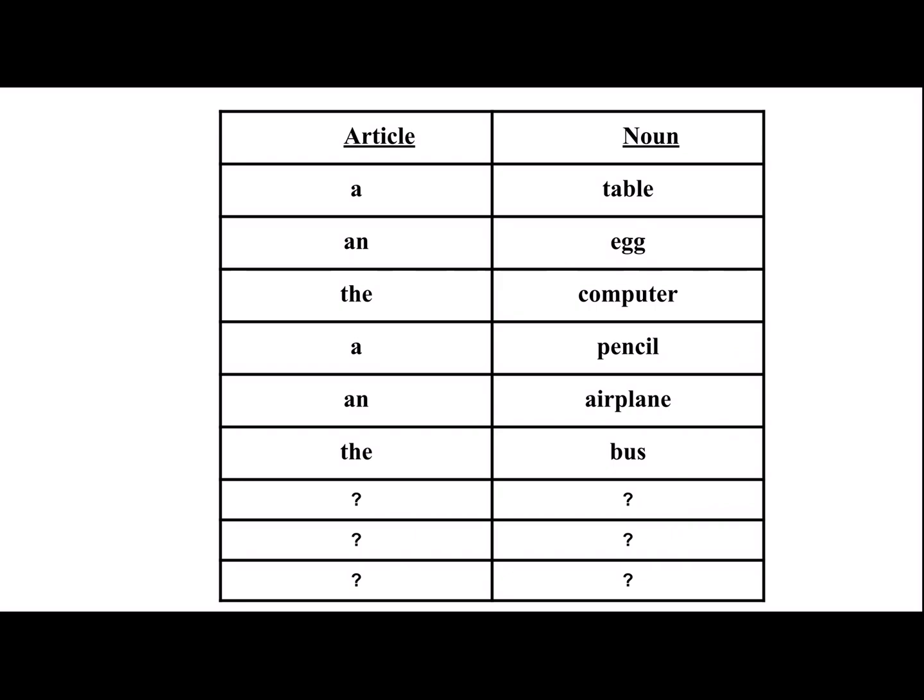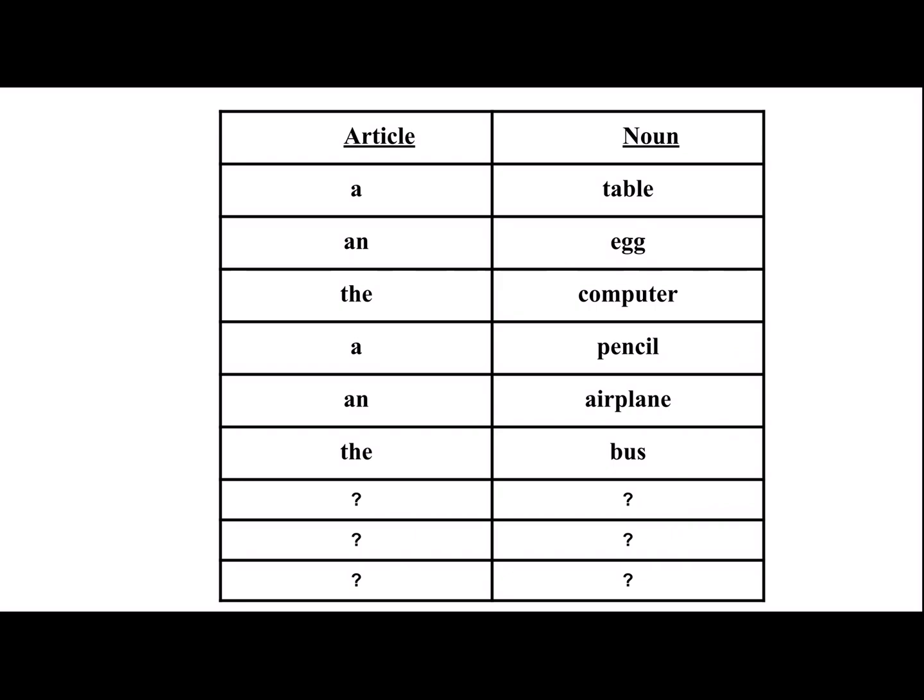Your work this week for grammar is going to be simply to complete a list of an additional, we'll say, shoot for at least another 6 or 10 articles and nouns that match. Notice on the left under the articles that I have a, an, and the.